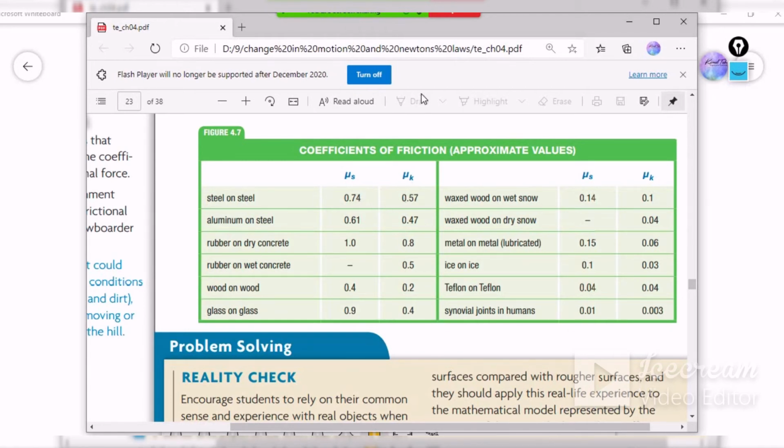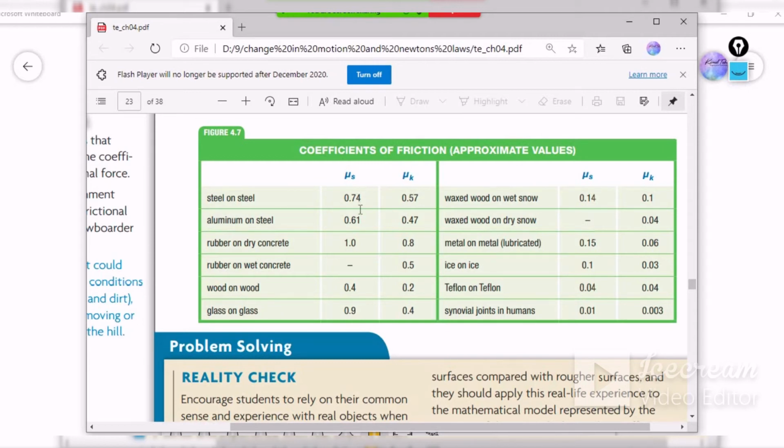Okay, guys. Now as you see here, that is the coefficient of friction for some surfaces, and it depends on the surface. Steel with steel, aluminum with steel, rubber with concrete, and like that, guys. Wood with wood, glass with glass, everyone has a specific coefficient of friction.